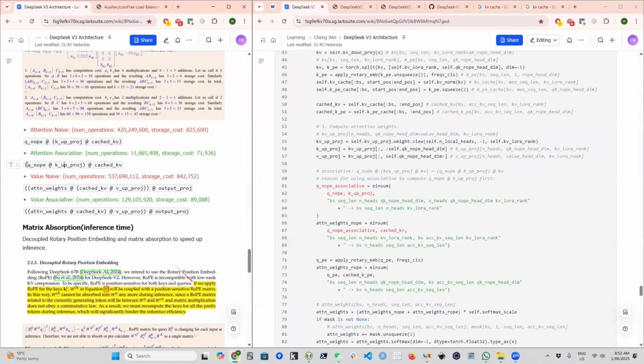But when we rearrange, we save the cost. We multiply the up projection matrix for key with Q first, before we multiply the key. Yeah, we change the order we do the matrix multiplication. So we do this first.